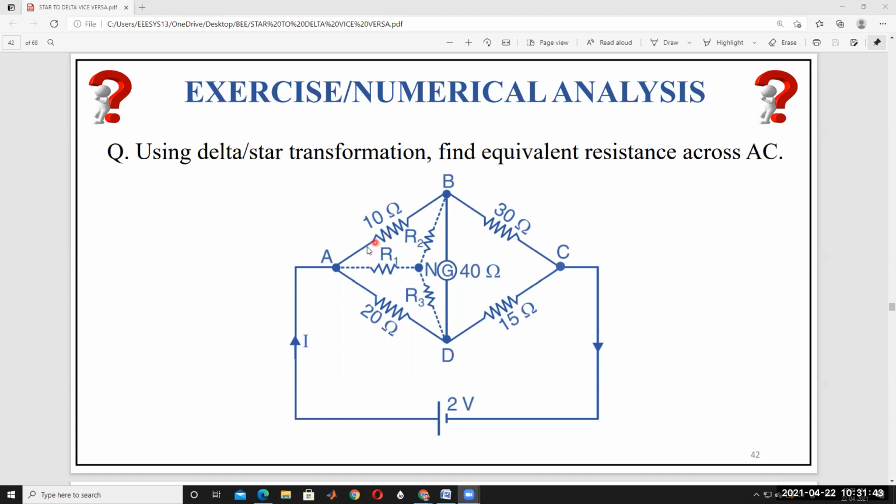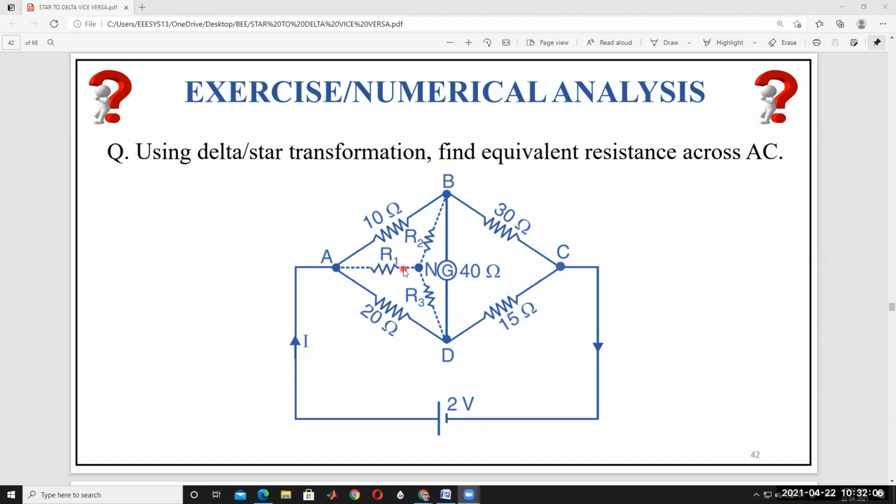So by converting this delta ABD network into the star, the ABD delta network will become like this, A, N, B, N, and N, D, like this star connected system. So here R1 and these two resistors become series, 30 ohm resistor and R2.